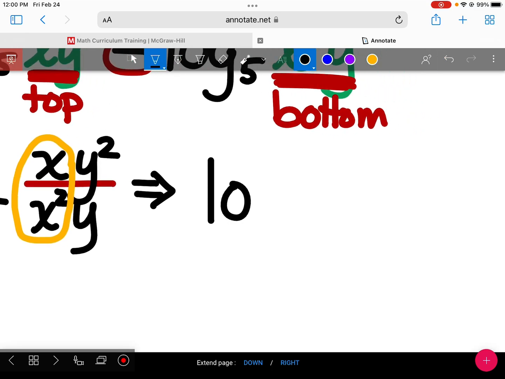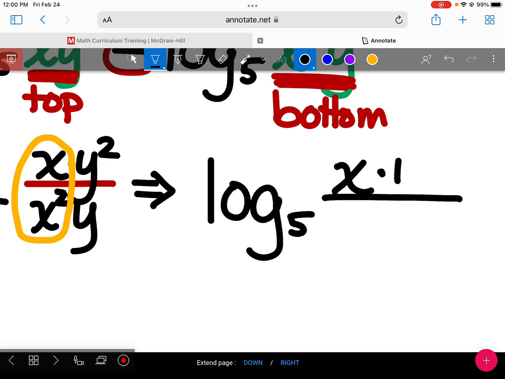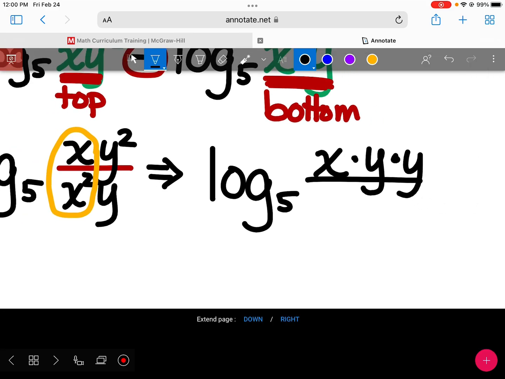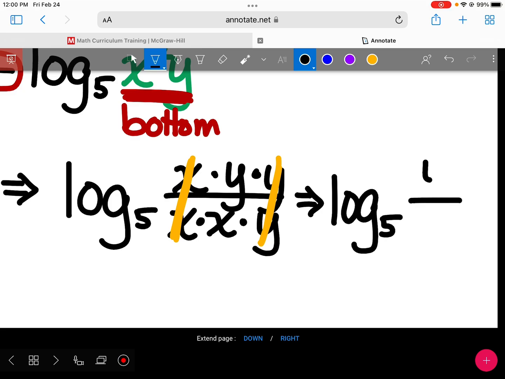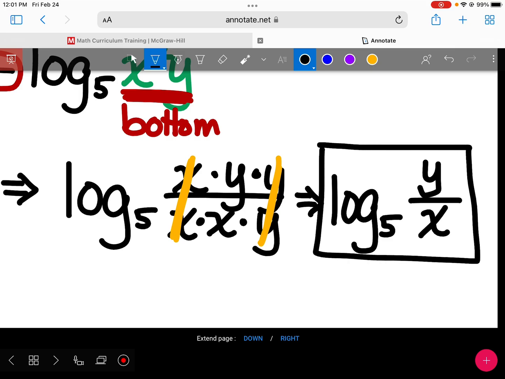You should simplify. This is x times y times y. On the bottom, I have x times y. That's what x squared and y squared mean, right? One of my x's will cancel. One of my y's will cancel. So what would I have left? I have one y left on top, and I have one x left on the bottom.